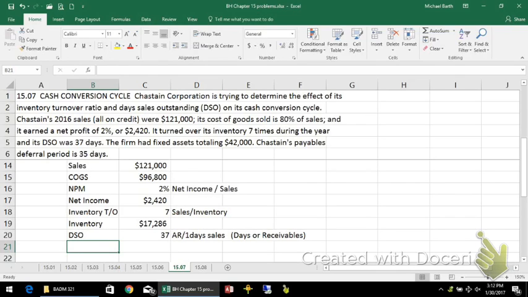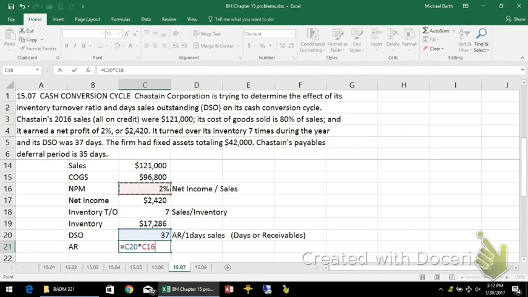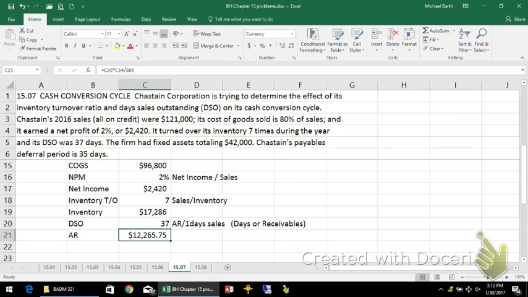If there's 37 days outstanding, and we calculate 1 day's sales by taking 121,000 divided by 365, then I can get accounts receivable as 37 days at 121,000 divided by 365 per day. So there's my accounts receivable.